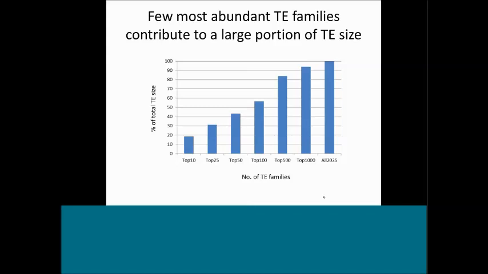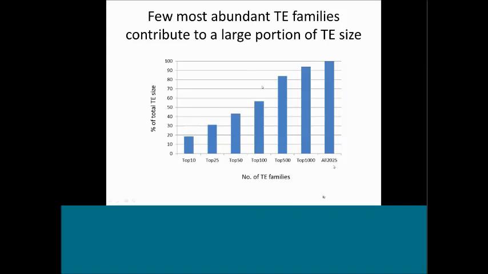In a genome of reasonable size, usually there are thousands or more families of transposable elements. But they have different copy numbers and different sizes. Here is an example from rice. We detected a total of over 2,000 families of elements.